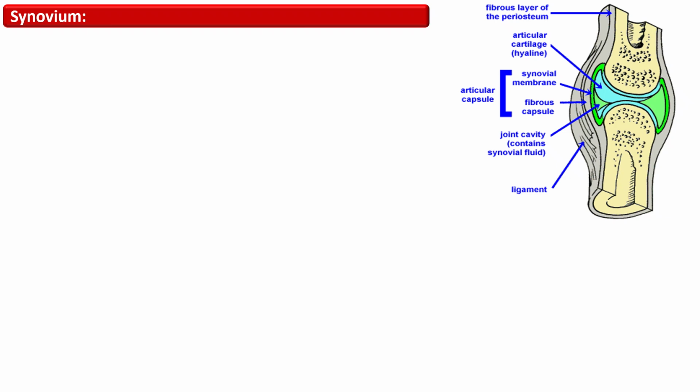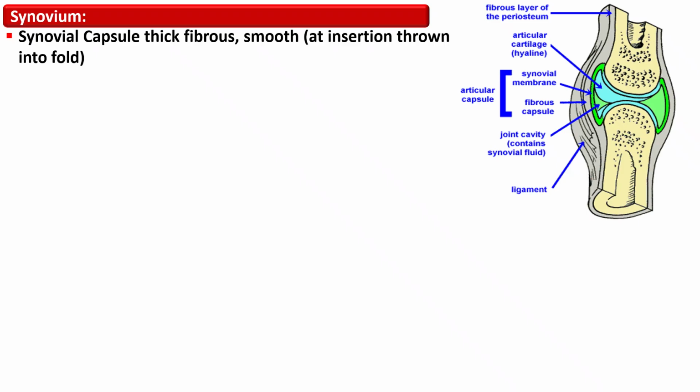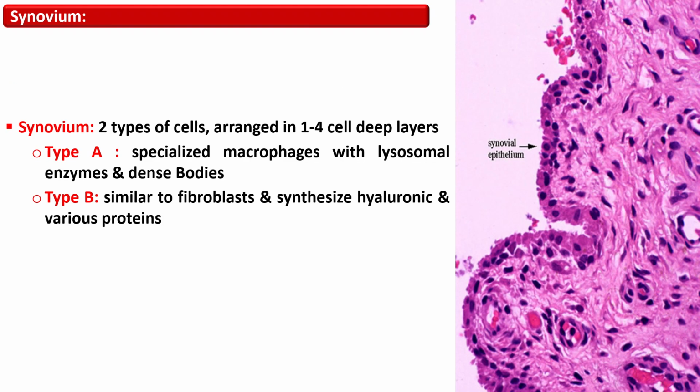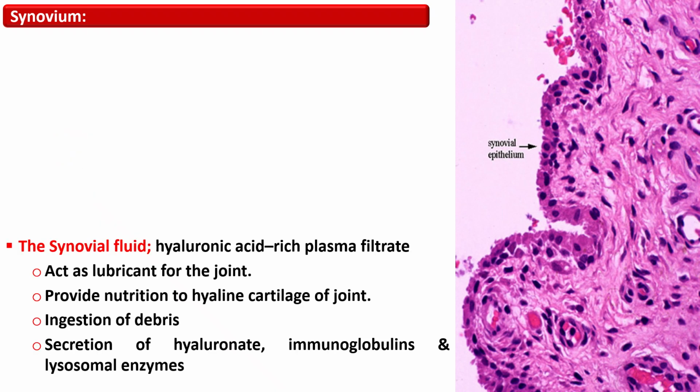The synovial capsule is thick, fibrous, and smooth, but it is thrown into many folds at the site of its insertion. It is lined by cells without any basement membrane, and this lack of basement membrane allows easy permeability of the nutrients, and under these synoviocytes the tissue is loose, areolar.